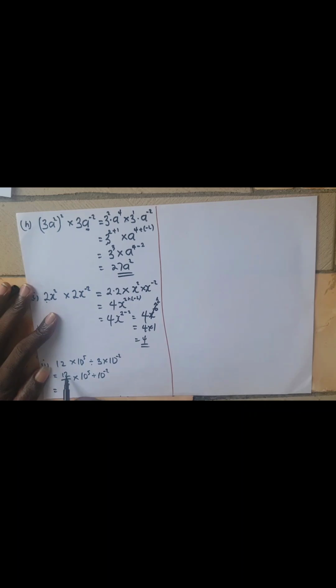This is equal to 4 times 10 raised to the power 5 minus minus 2. The minus is coming from division here, and this one is from minus 2. This is 4 times 10 raised to the power 5 plus 2, minus times minus is plus, which is 4 times 10 raised to the power 7.